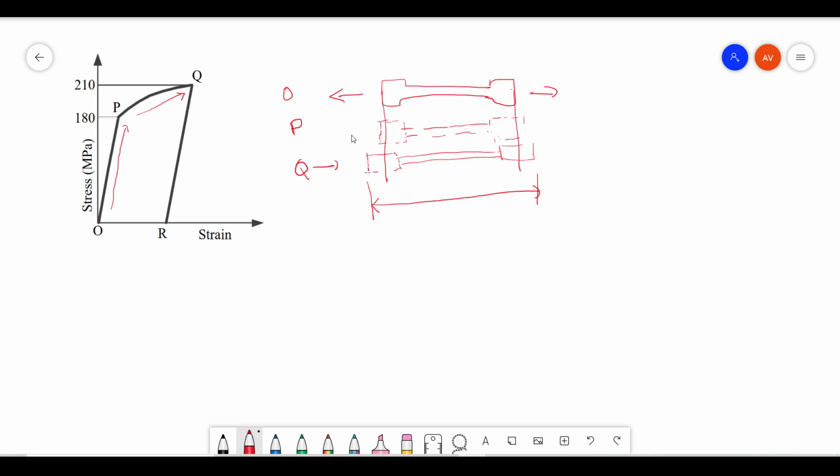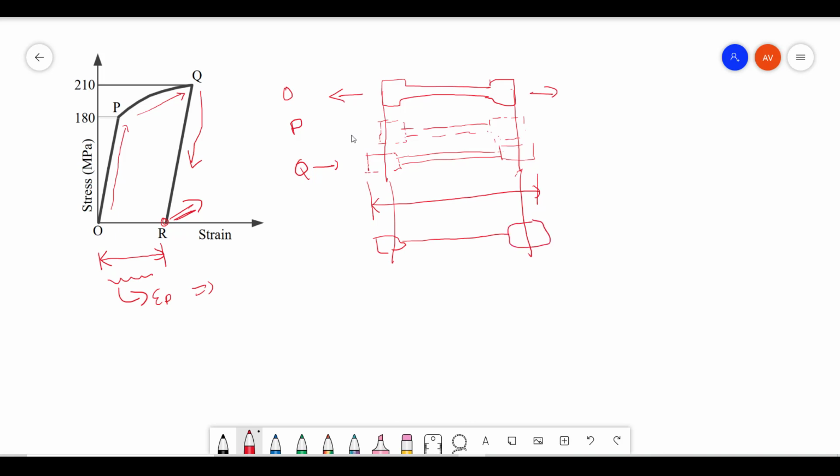Now what is happening is it is being unloaded. When you unload it along this path, it reaches this point and this much deformation is remaining. So this much is your irreversible plastic deformation, right?